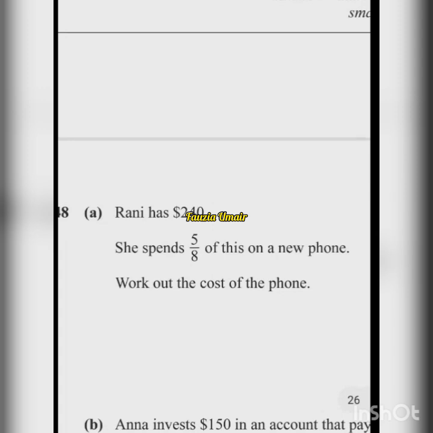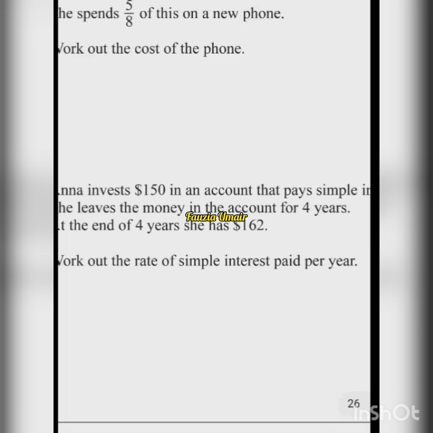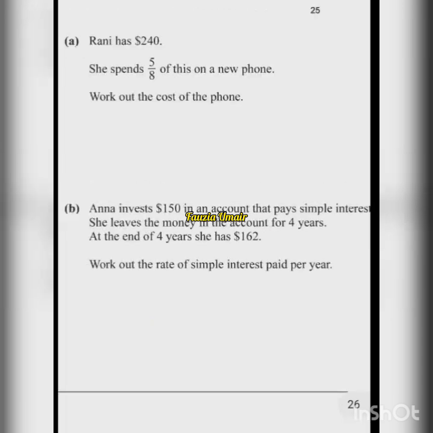Very simple question. How are we going to solve that? We are going to find out 5/8 of 240 and we will simplify it. Okay, very easy question. So now comes the last question of this document.